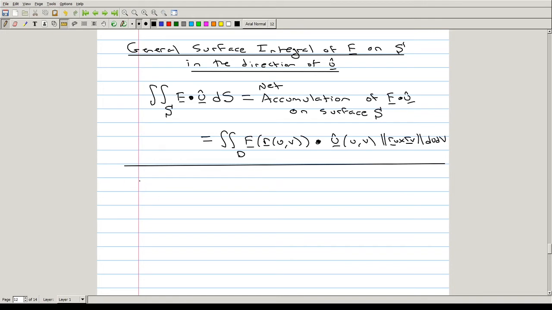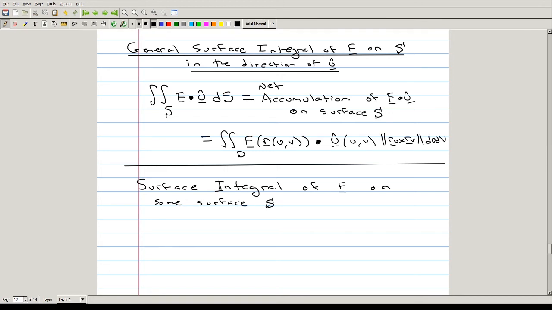So typically what we consider is the surface integral of a vector field f on some surface S, which is a special case of this general surface integral.